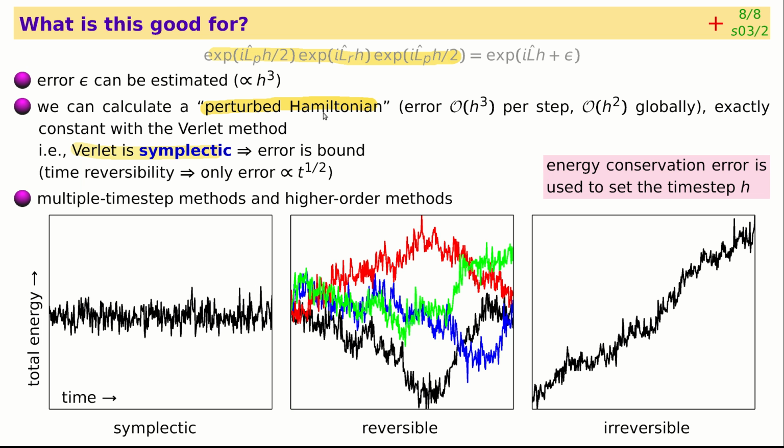So there exists a perturbed energy that is exactly constant with the Verlet method. And it means that not only is the method time reversible, but it is better. The total energy fluctuates around this energy predicted by this perturbed Hamiltonian.